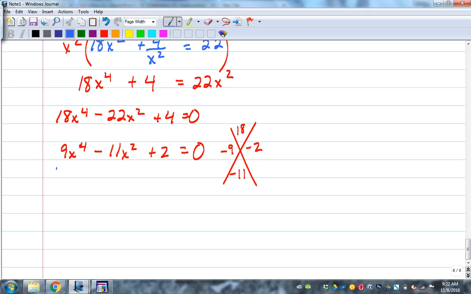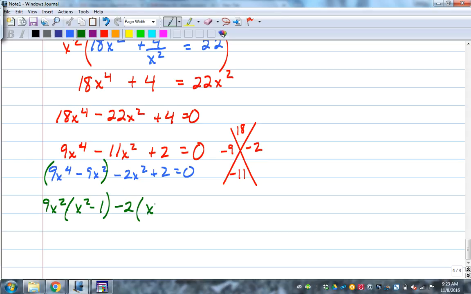to be, so we got 9x to the 4th minus 9x squared minus 2x squared plus 2. That's beautiful because that's 9x squared times x squared minus 1, minus 2 times x squared minus 1, which is even better because now the factors are 9x squared minus 2 and x squared minus 1.